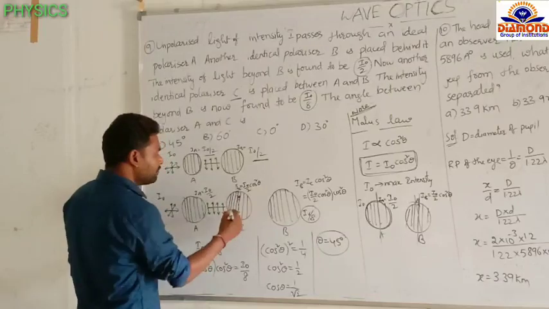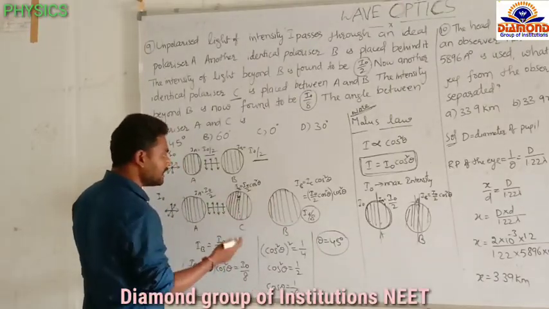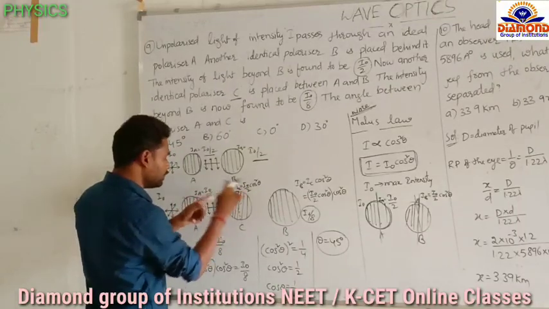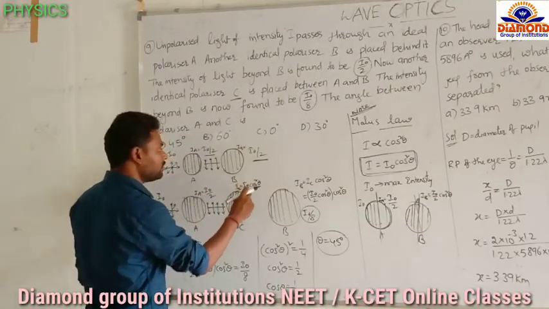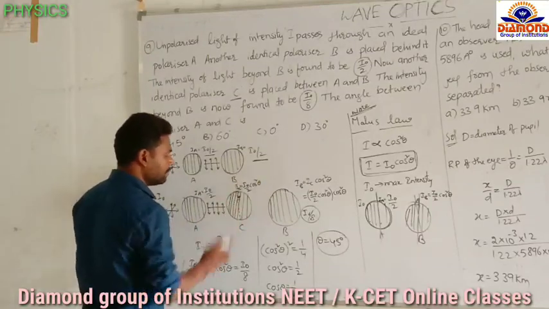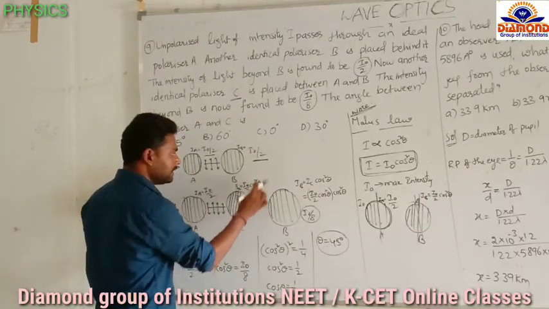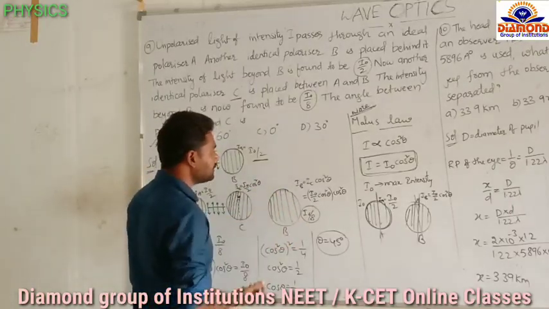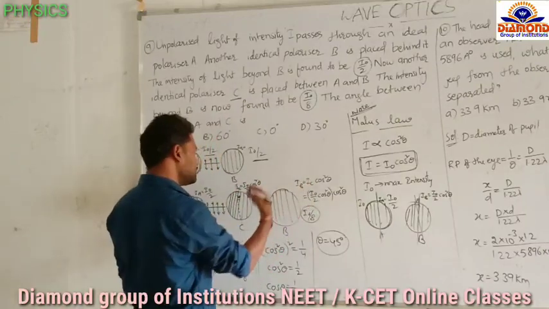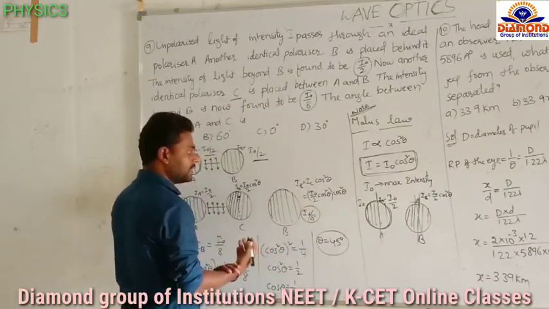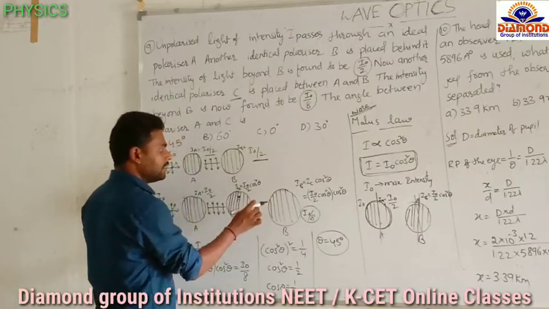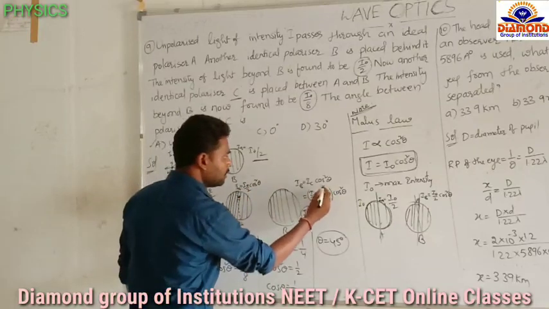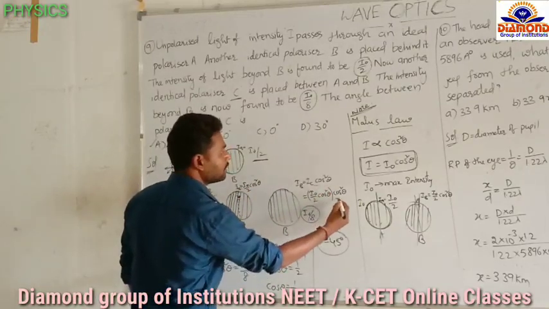Now after passing through C, the intensity of the light is I naught by 2 into cos square theta. Next, this light falls on B. After passing through B, the intensity is the incident intensity on B, I naught by 2 cos square theta, into cos square theta.